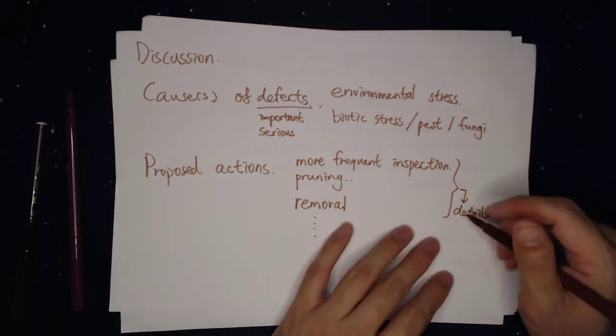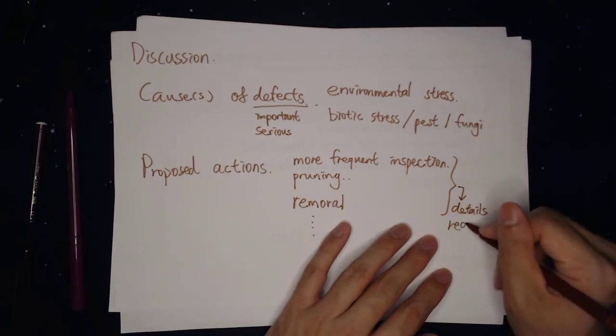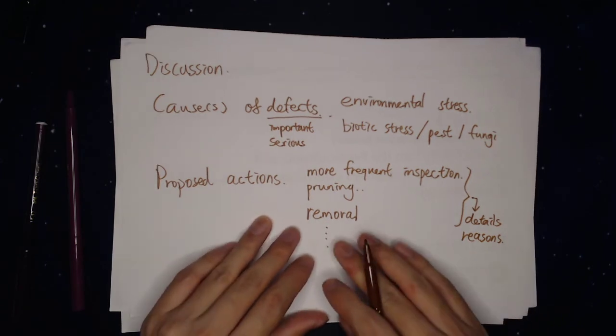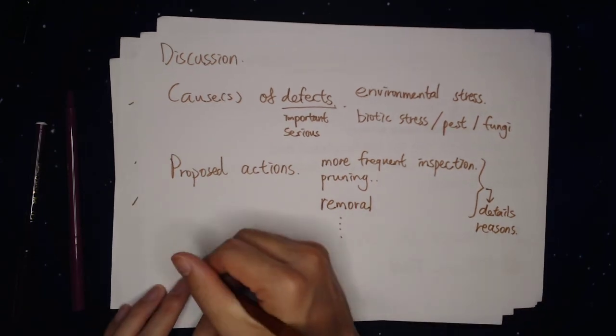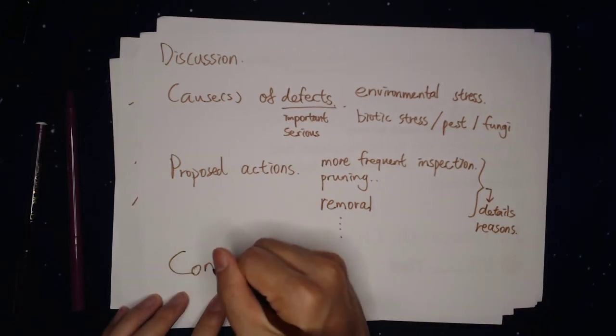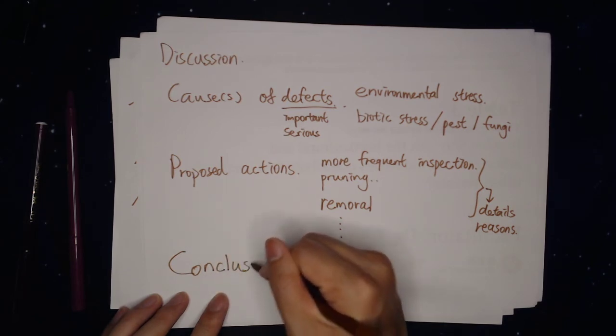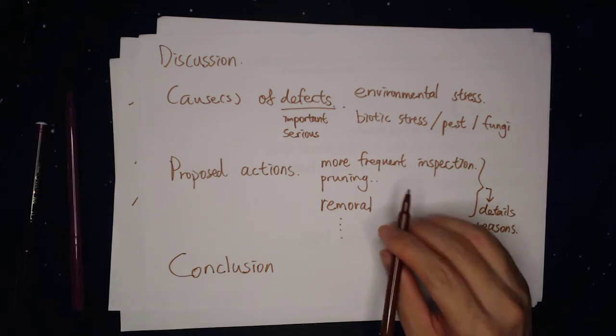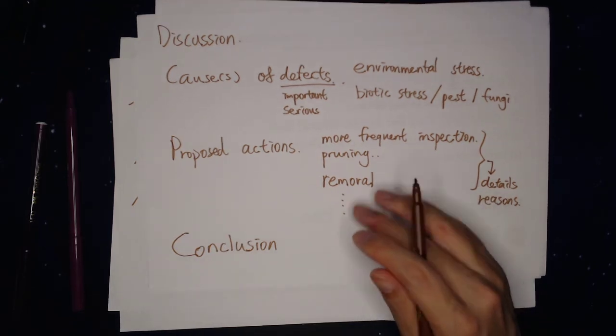You can also tell me the reasons for doing so. So that is discussion. And finally, you should write a very, very brief conclusion, which is a summary of what you have done in the whole tree risk assessment exercise.